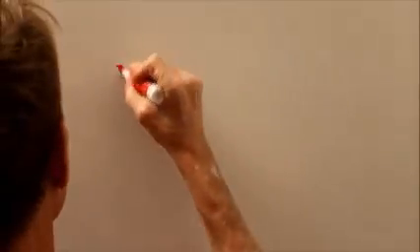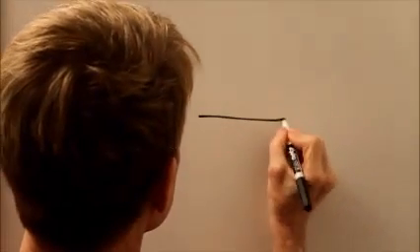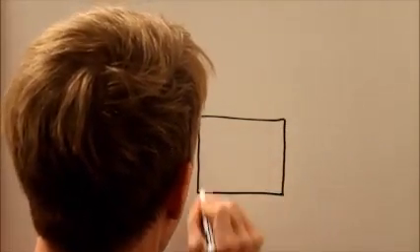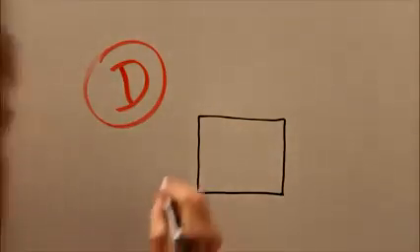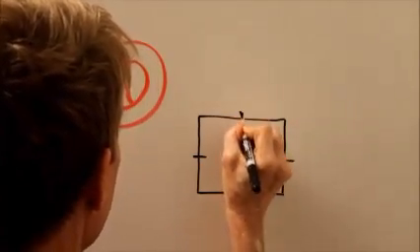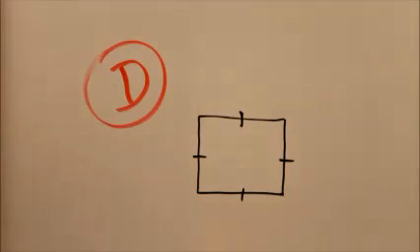Well, by now you must have concluded that choice D has to be right, because it's the only one left. But let's look at that statement. All squares are rectangles. Here's a square. All 4 sides have the same length, which we can denote by putting little hash marks on them like that.